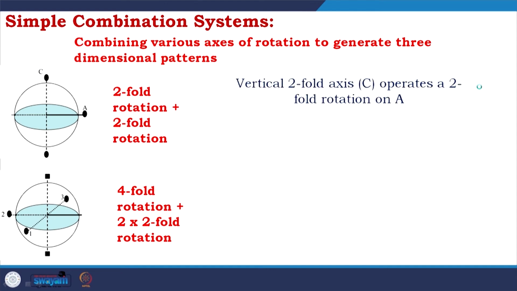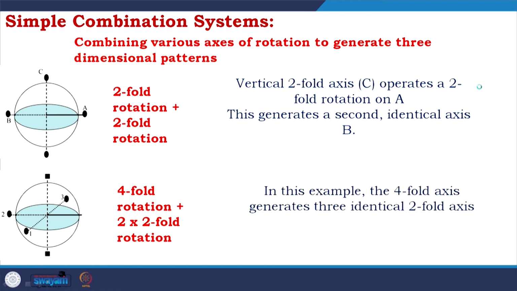Here you have the vertical two-fold axis in C operates a two-fold rotation on A. See the generation of a point B having the identical axis. Similarly, here the four-fold axis generates three identical two-fold axes. Let us say from the point you have these three identical two-fold axes.